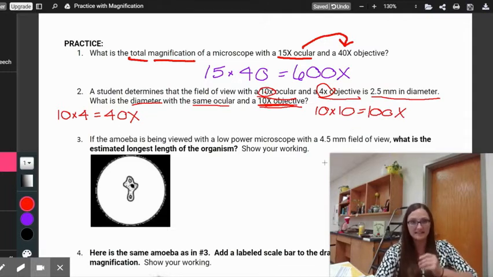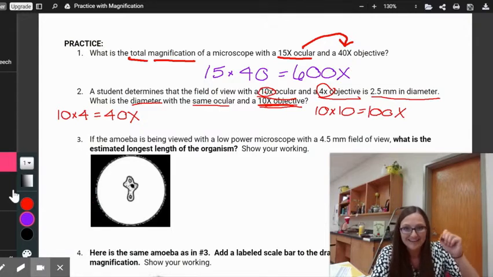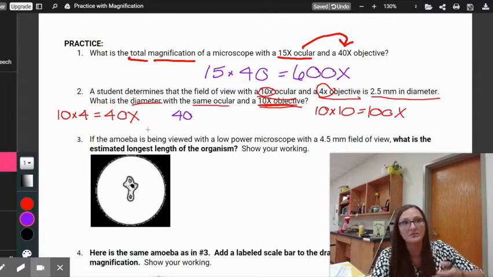So how do we set this up? After you've done some basic math, you will take that low power. Here's 40. That's our low power magnification. You don't have to put a unit on magnification. The X is just a placeholder to let you know it's that number times magnification.